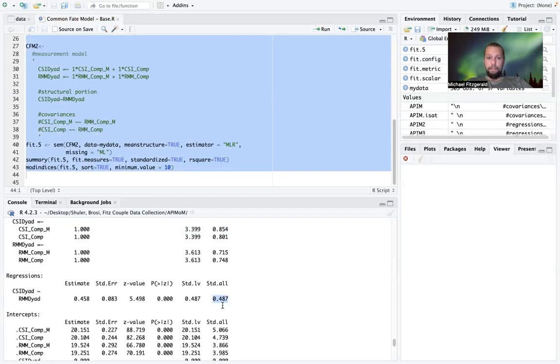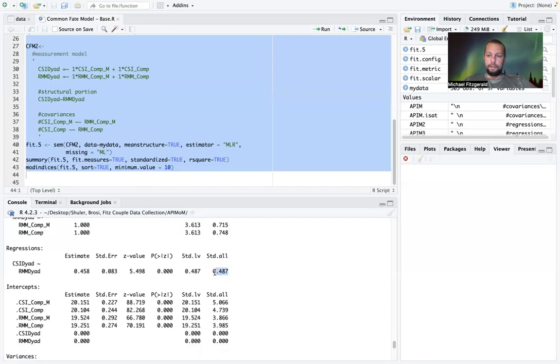So again, there is a relationship between the male residuals and the female residuals that's trying to get out. It's trying to be expressed some way in the model, and we're not allowing it to do so through those residual covariances since we eliminated them. And so how that model is now expressing that relationship is through that inflated regression coefficient.